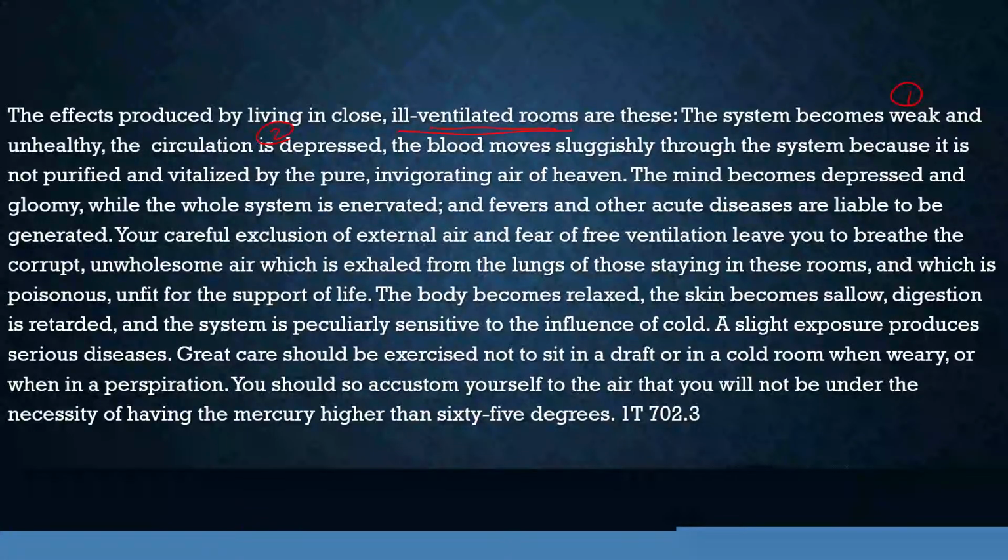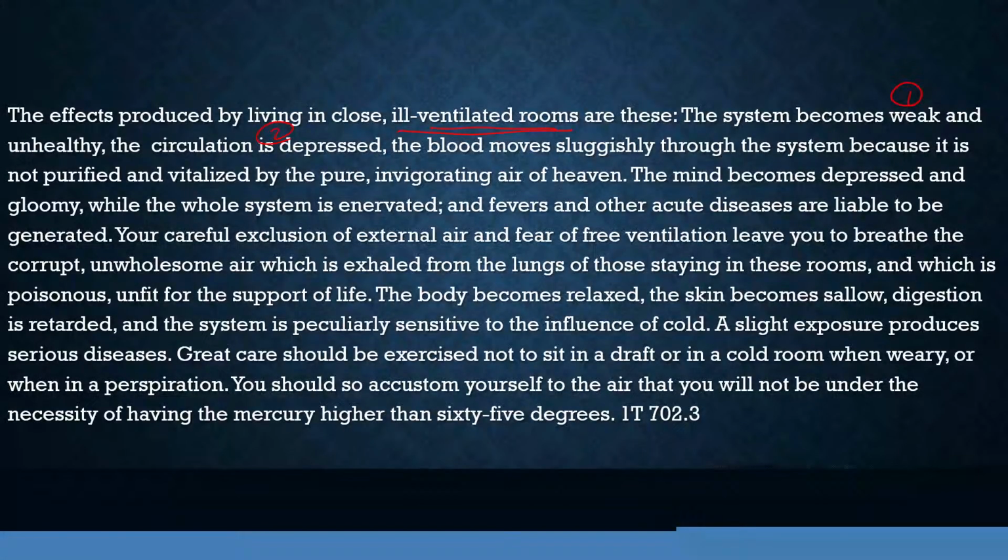Your careful exclusion of external air and fear of free ventilation lead you to breathe the corrupt, unwholesome air which is exhaled from the lungs of those staying in these rooms, and which is poisonous, unfit for the support of life.